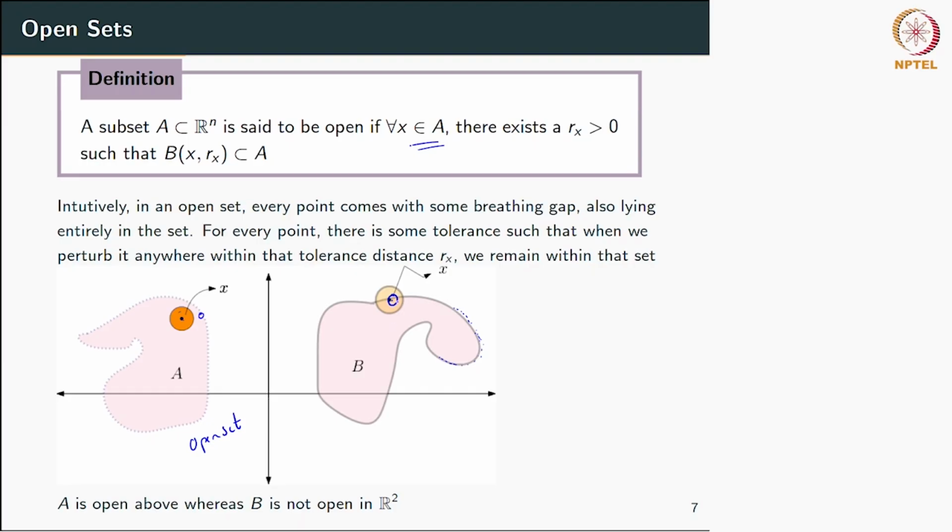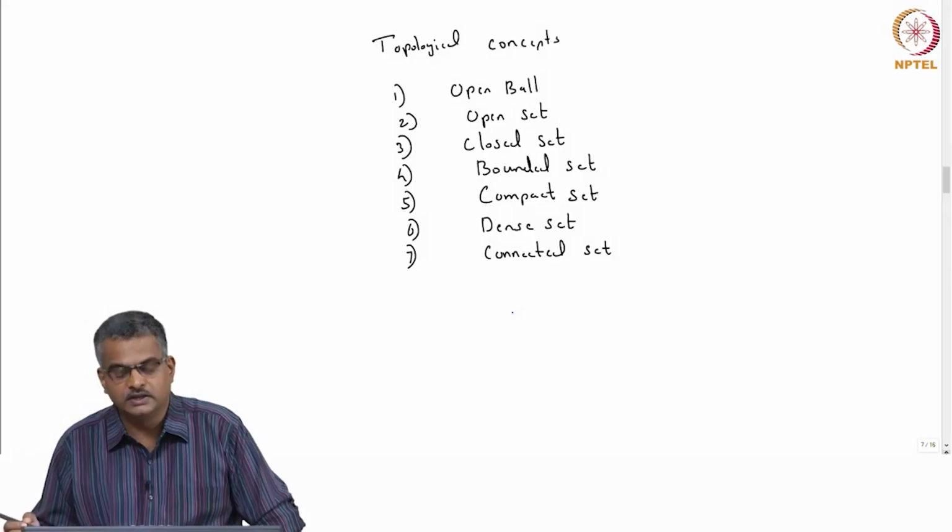To understand this notion of taking a point and coming up with a ball, all of whose points should belong to the set, is better captured through the notion of the interior point. So, let us define what is meant by an interior point.